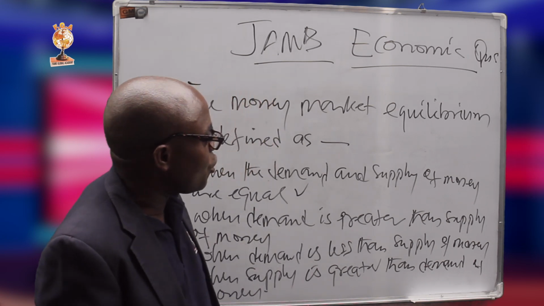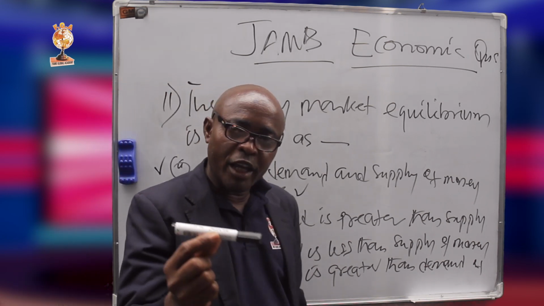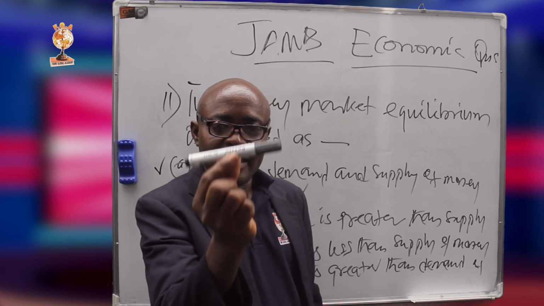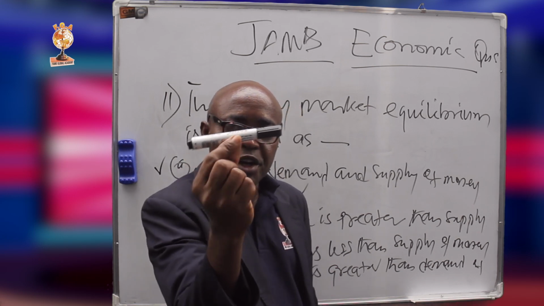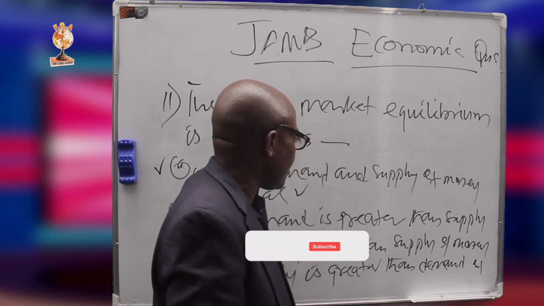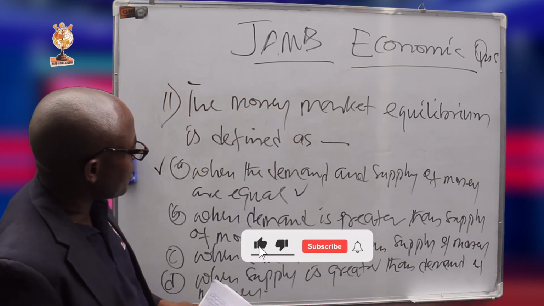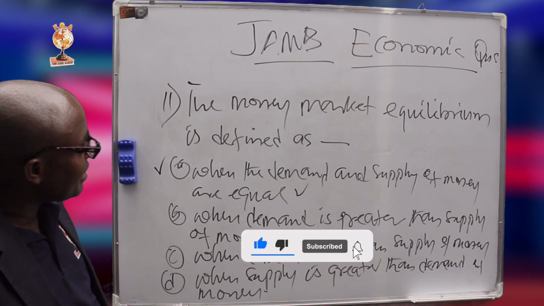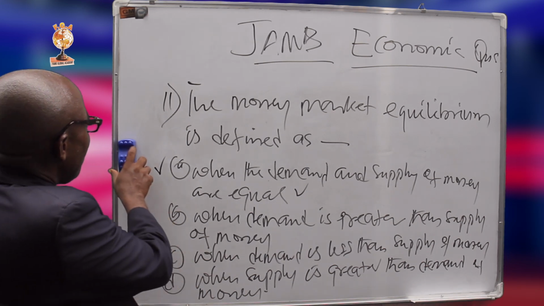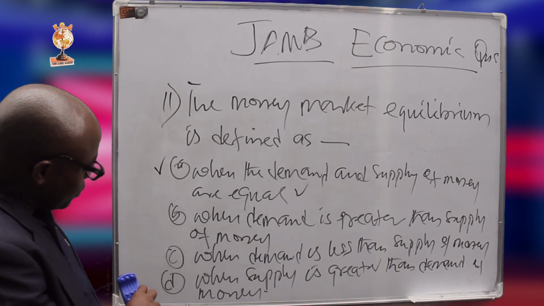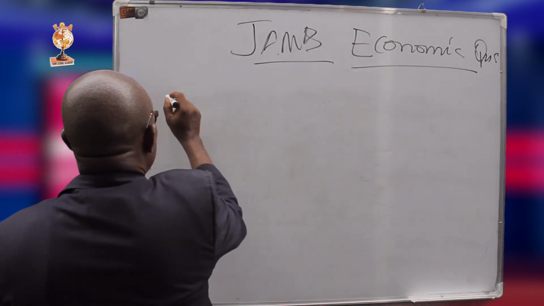Even in physics, they use equilibrium to tell you that this thing must be at this point. It's not bending, it's not going this way. So it's at this point. I hope you will pick the questions and the relevant answers that match this particular question. We move over to the next question, number 12.